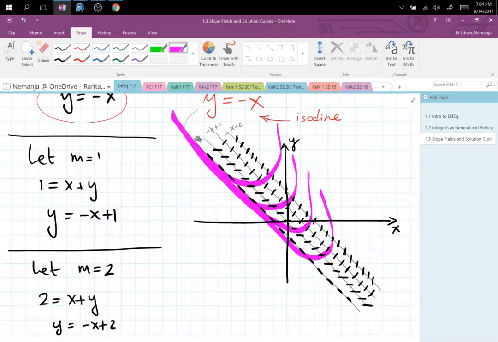So, how do I get a particular solution? This is going to give me infinity of general solutions. How do I get a particular solution? What is an initial condition?